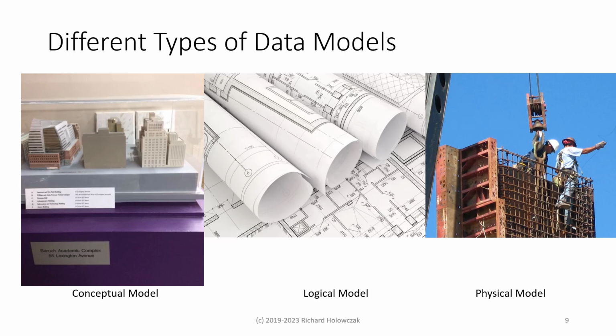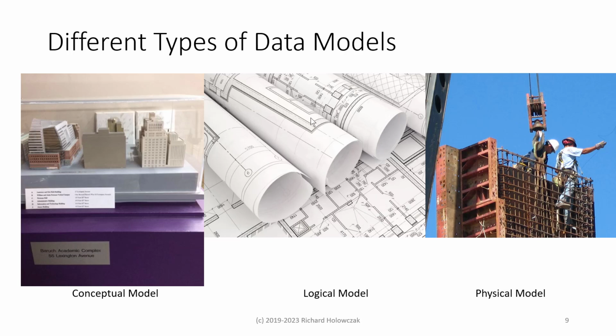Now, can a construction worker come in, take a look at this model sitting inside of this fish tank, and immediately pick up their hammer and start building the building? Probably not. We need something a little more technical. We need something a little more specific. And so this conceptual model is converted into a kind of logical model.